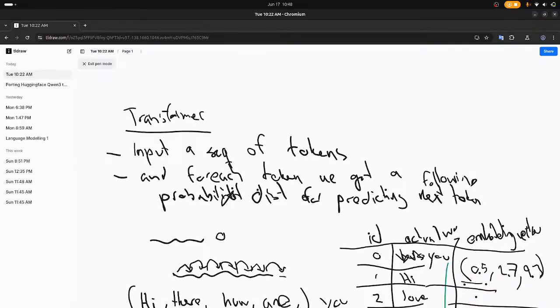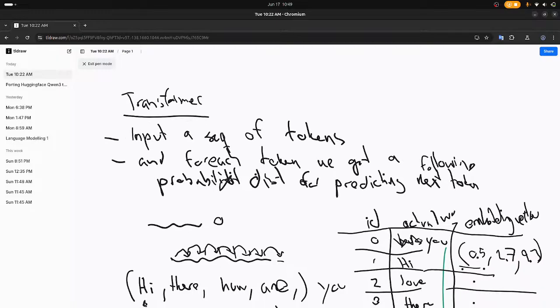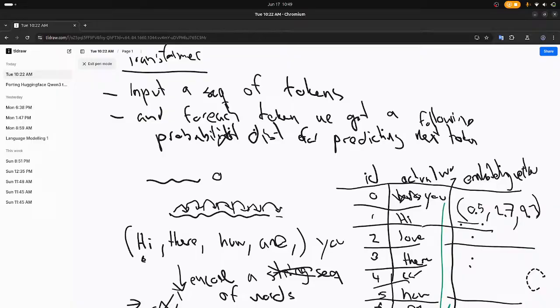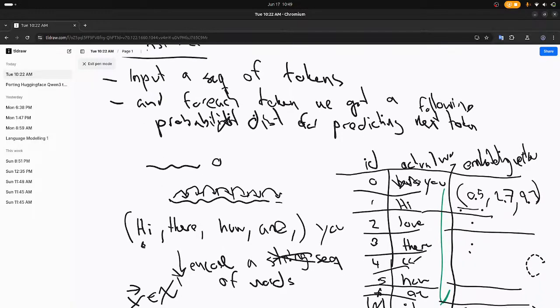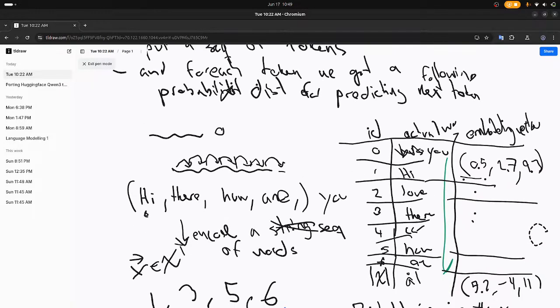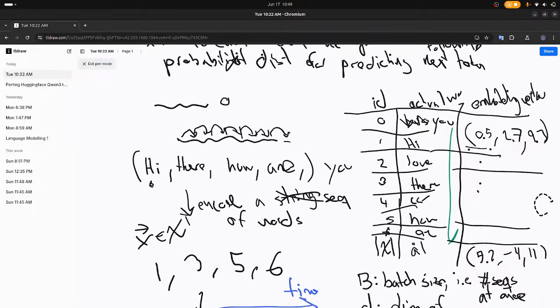We have an input sequence of tokens, and for each token we want to predict the next token, that means we want a probability distribution on the set of tokens that tells you how much you believe each token will be the next token. So if you have "hi there, how are", what you want for each token, for example at "how", is to predict whether it's going to be "are" that is next, and so on.